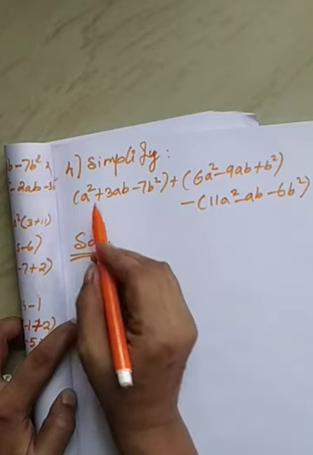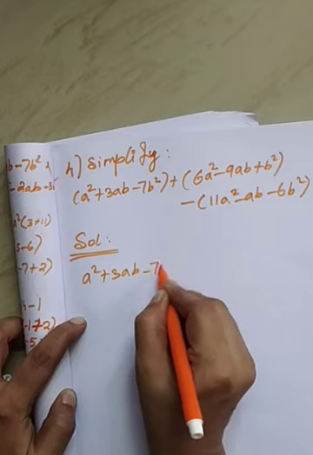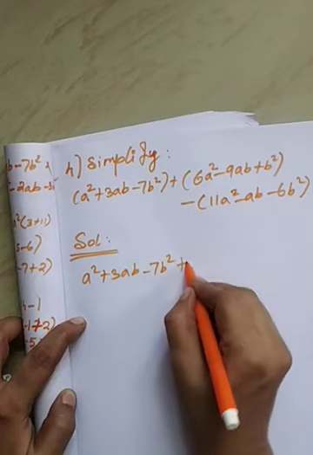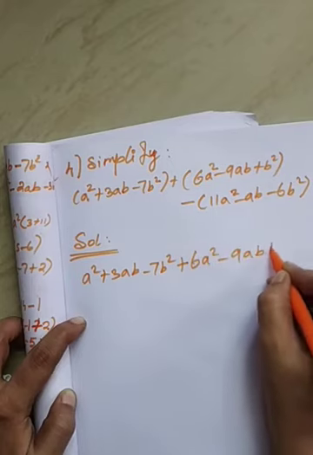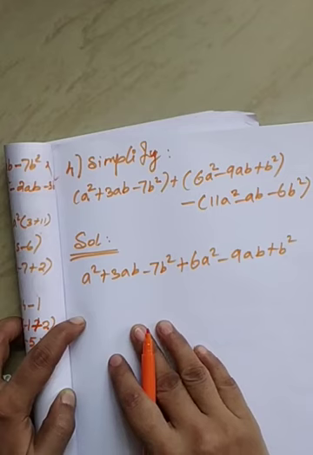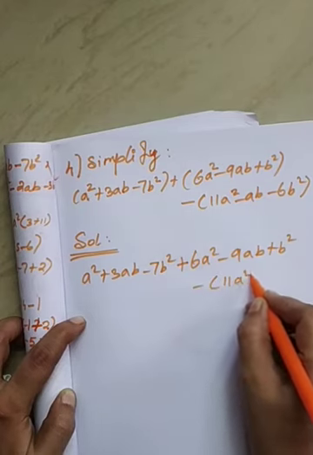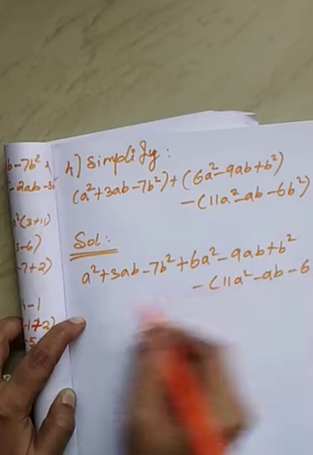Okay, see here: a squared plus 3ab minus 7b squared. Now here a plus symbol is there, so you have to put plus 6a squared minus 9ab plus b squared. Right? The third term, minus of 11a squared minus ab minus 6b squared.